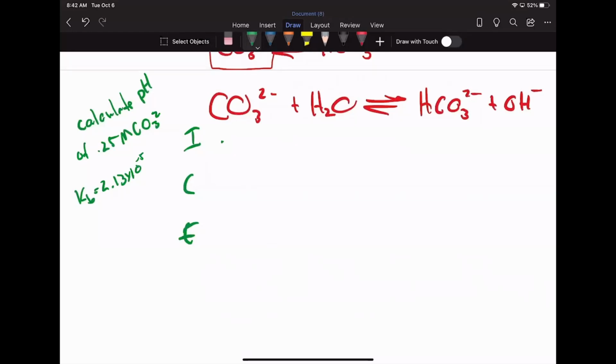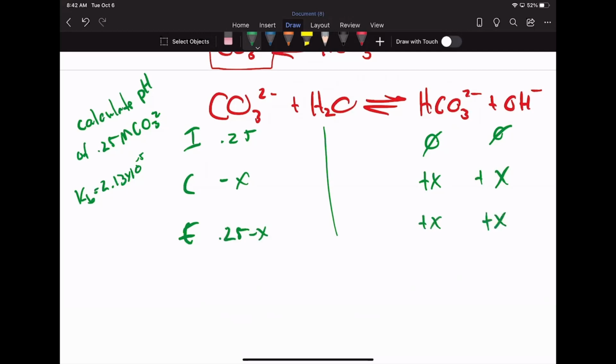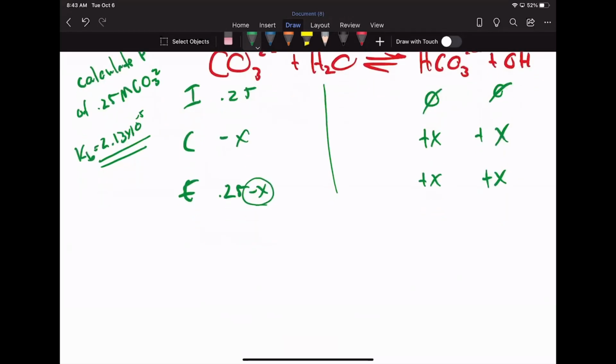So here again, we have 0.25, 0, 0, minus x, plus x. You guys are going to be experts at ice tables by this point. Is my Kb small enough that I can just ignore this x here? Yes, no? Do I have to involve the x or can I ignore it?